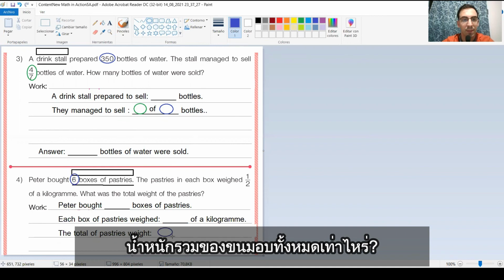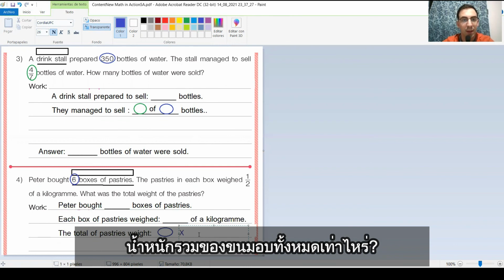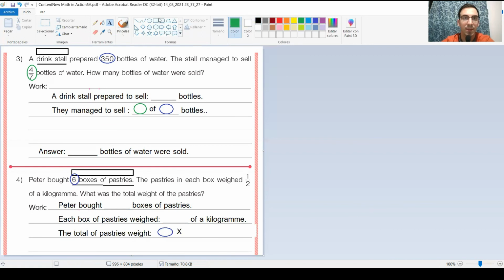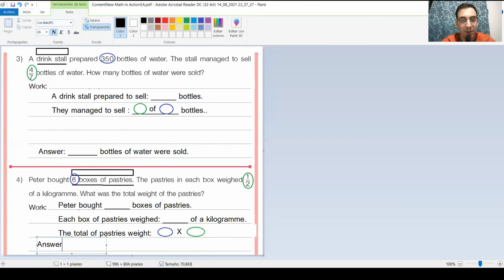okay, multiplied by this. Okay, so the final answer should be: the total of pastries weighed... kilograms.